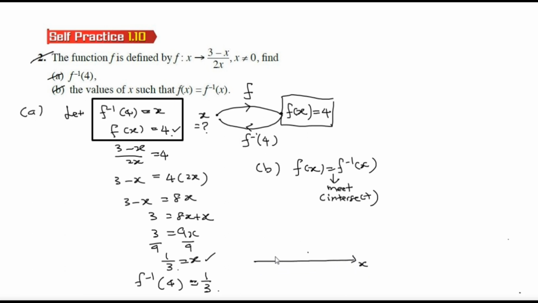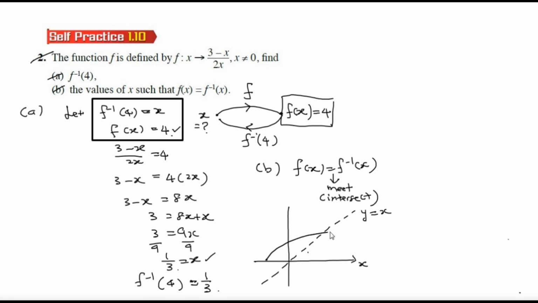Let's say this is the reflection axis. Do you still remember when I taught you how to draw the inverse graph? Firstly, you must draw the reflection axis. Let's simply draw two graphs.